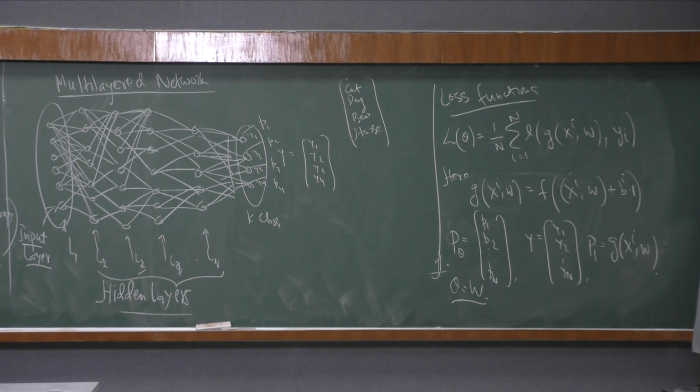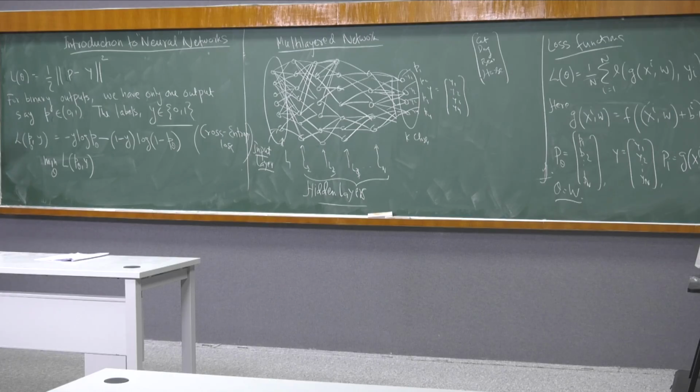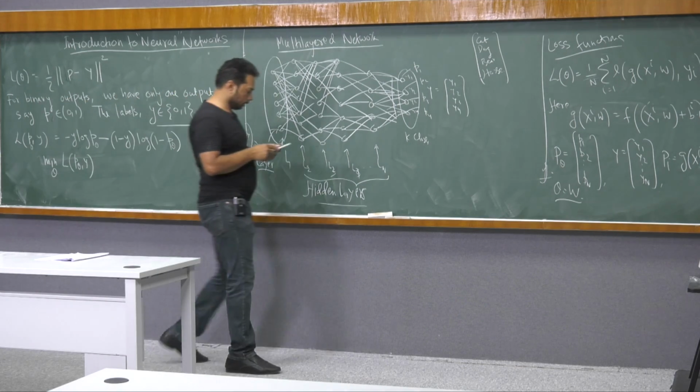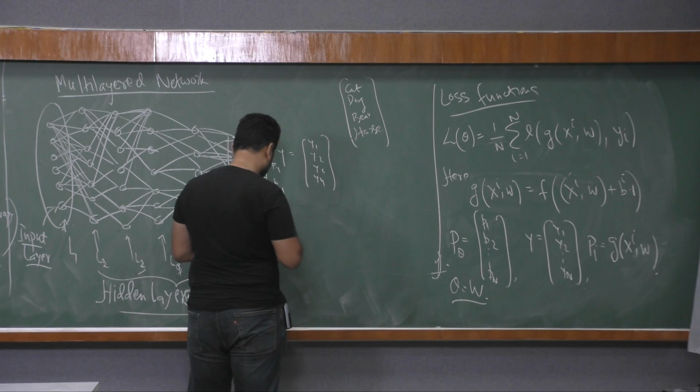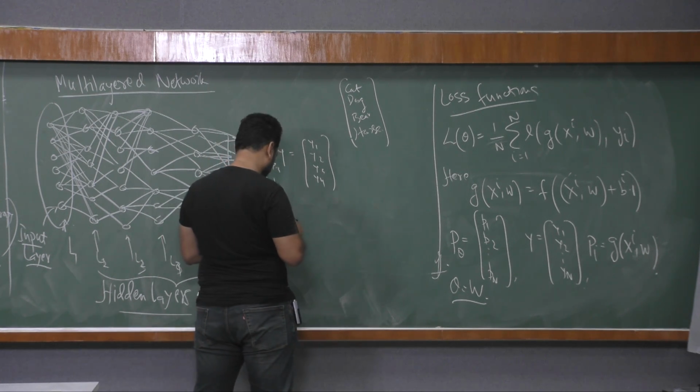But if I go to multi-class, in this case, let us say I have 4 classes, then I should produce 4 of these p's: p1, p2, p3, p4. So how will I produce them? What is the extension of a sigmoid? The extension of a sigmoid is something called softmax. So softmax, I will define it.